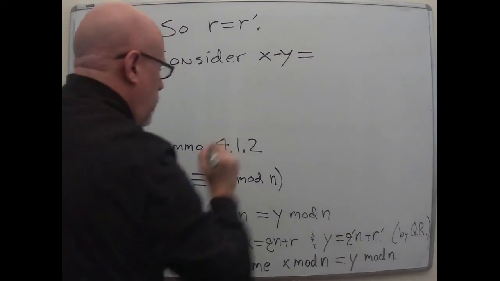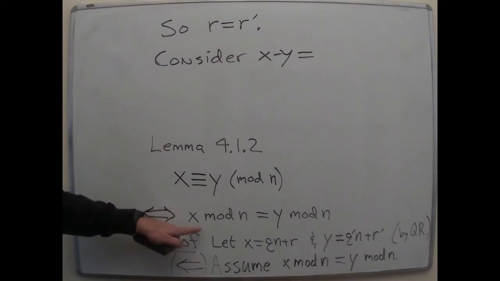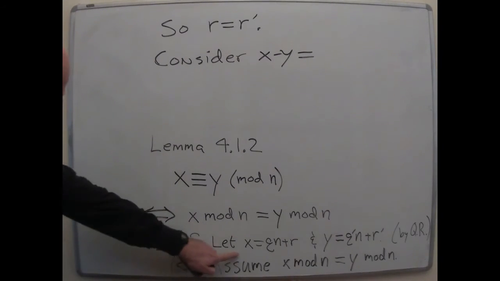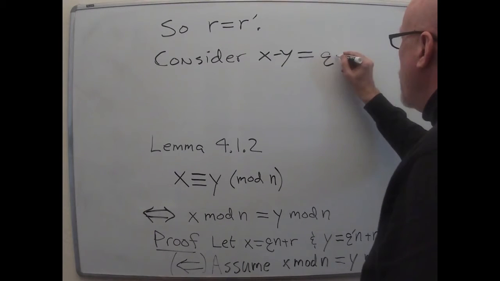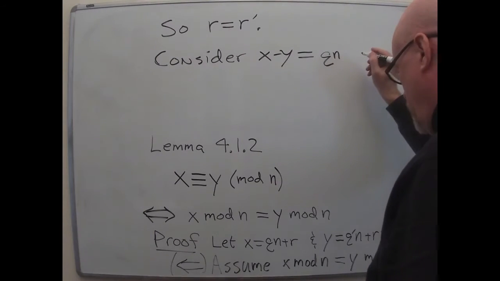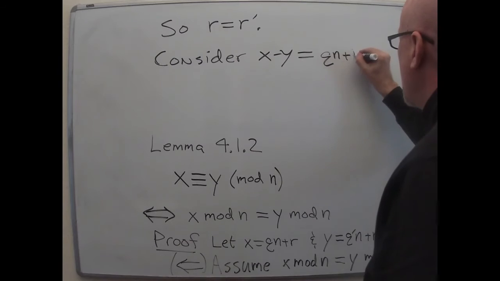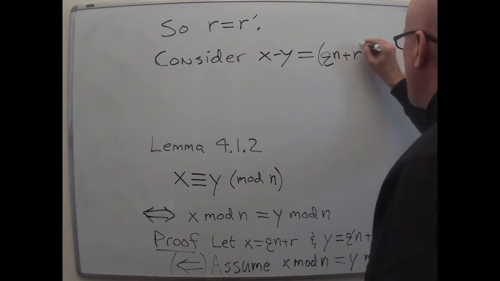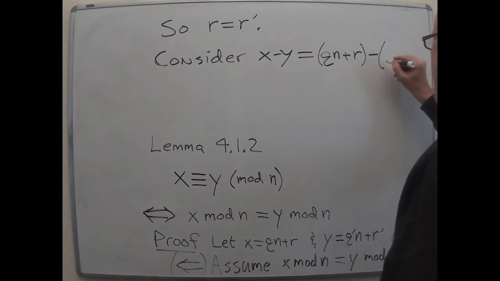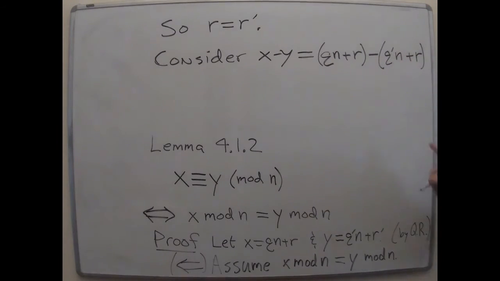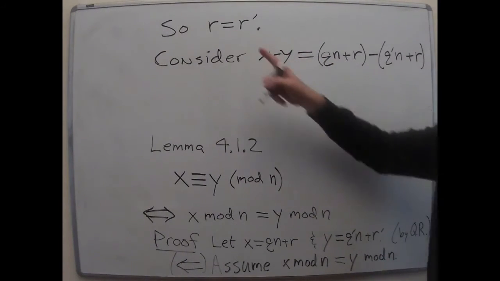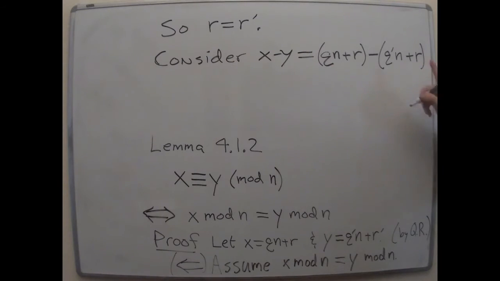Well, x minus y is equal to, because of the form we said, qn plus r minus q prime n. I'm going to write plus r here because in the situation we're in, r and r prime are the same. So I could replace the r prime with just an r.